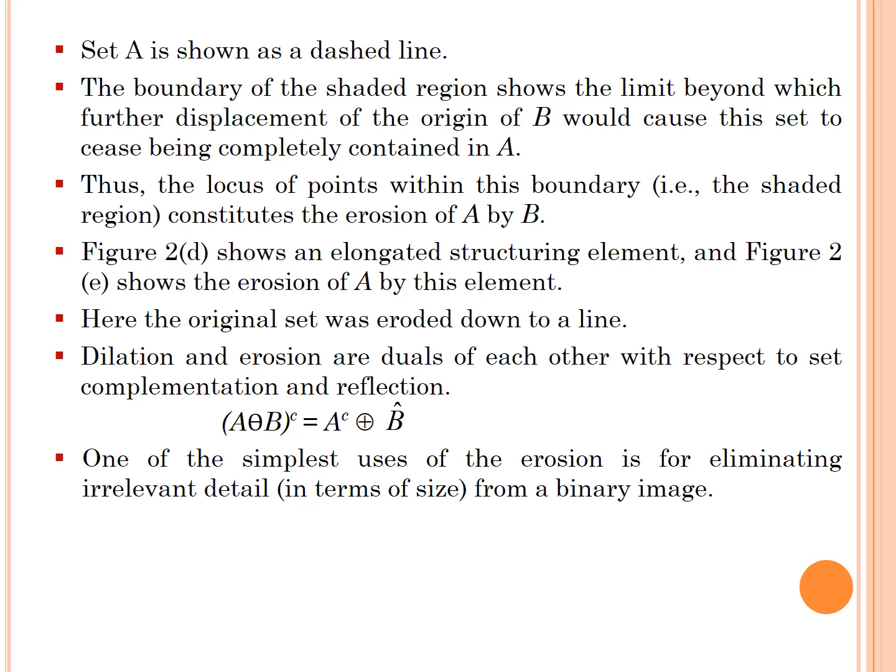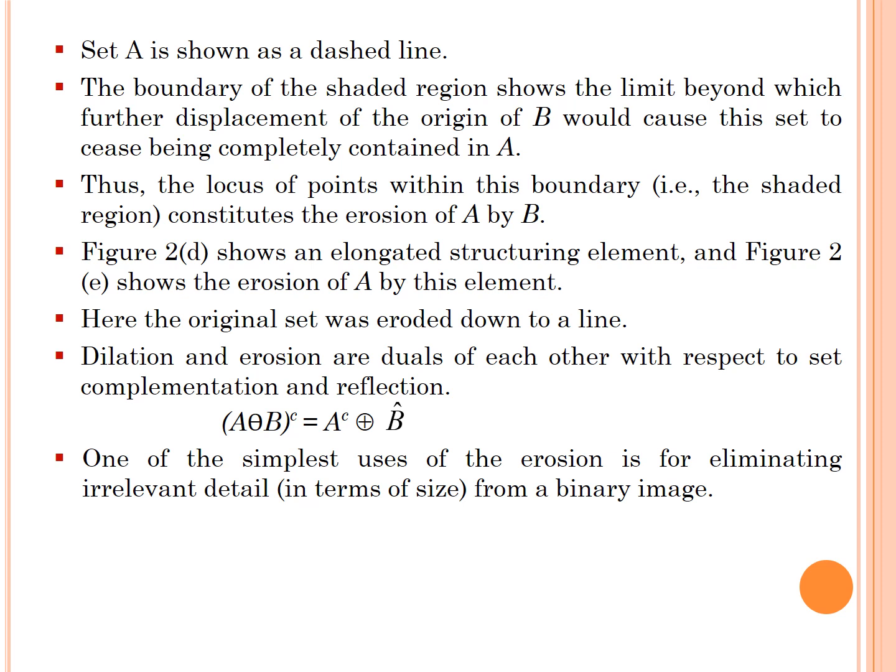Set A is shown as a dashed line. The boundary of the shaded region shows the limit beyond which further displacement of the origin of B would cause this set to cease being completely contained in A. Thus, the locus of points within this boundary, that is, the shaded region, constitutes the erosion of A by B.